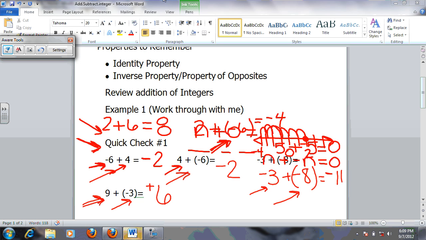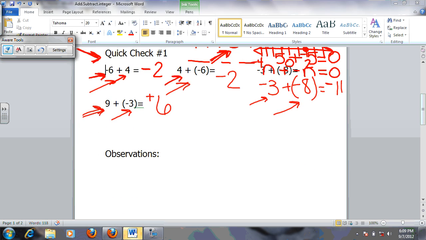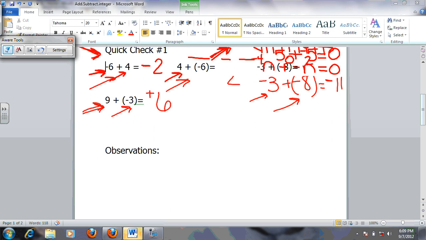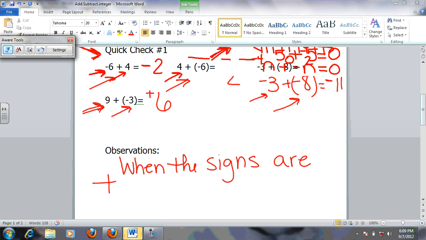As we observe some of these answers, what are some observations you see? What happens when the signs are the same?